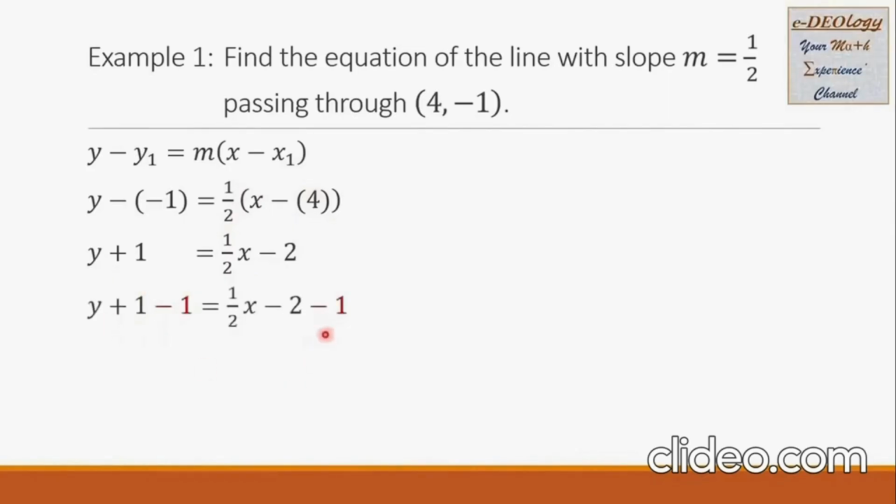Also the same value on the right side. So we can cancel 1 minus 1. It becomes 0. Only y comes down on the next step. And this is equal to 1/2 of x. Then we combine the -2 and -1 to be -3. So the equation of the line is y equals 1/2 x minus 3.